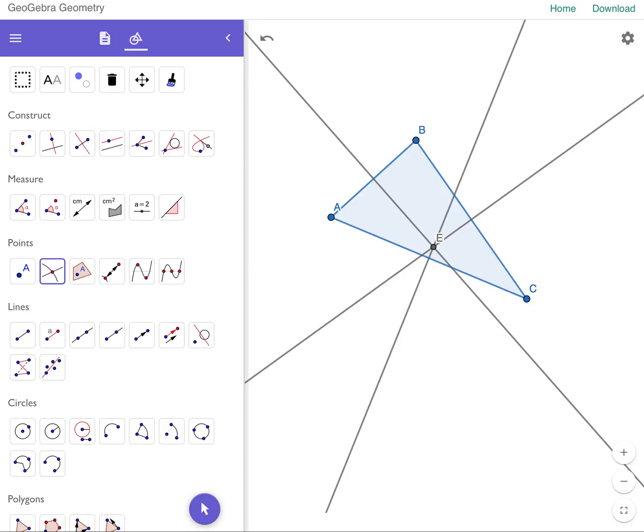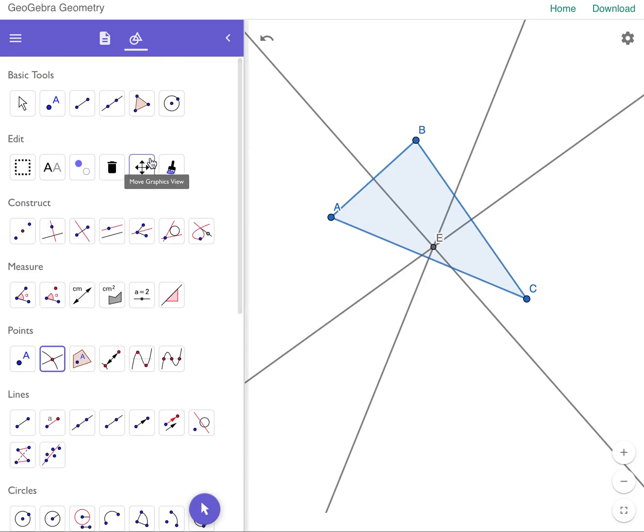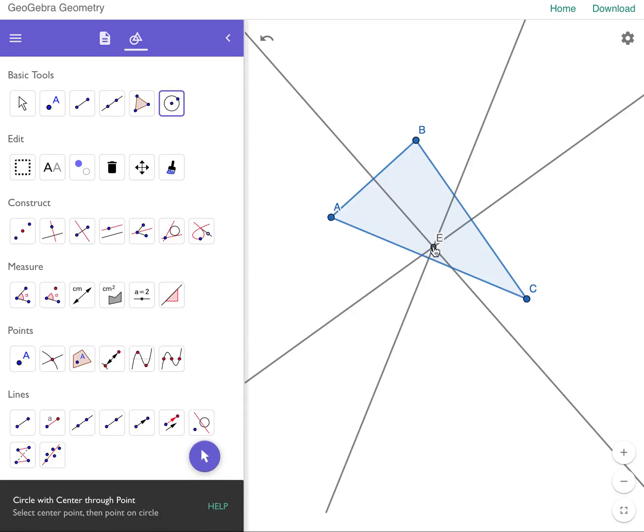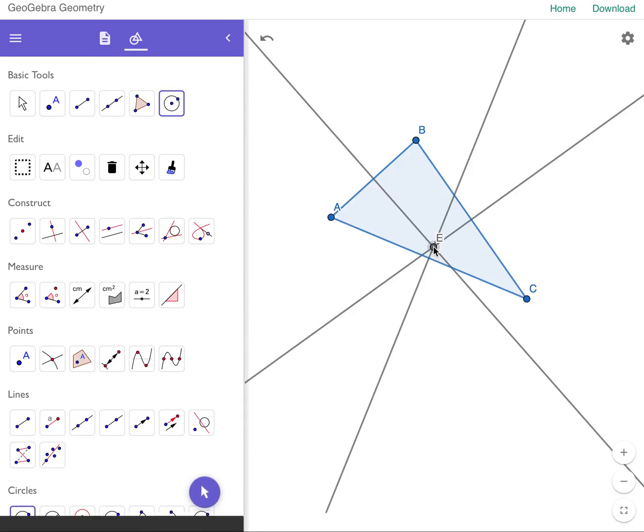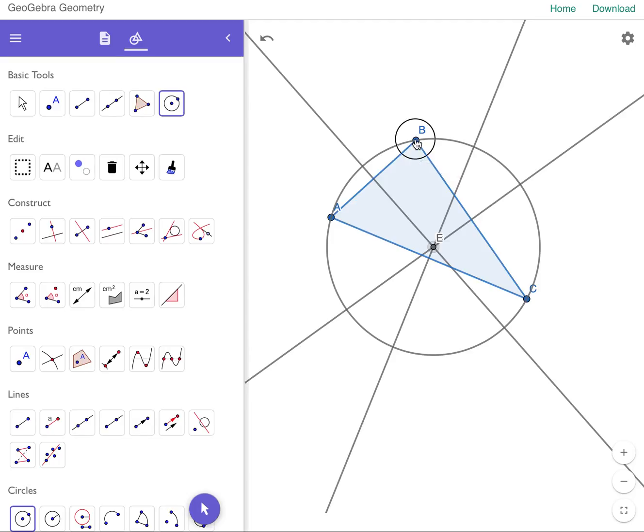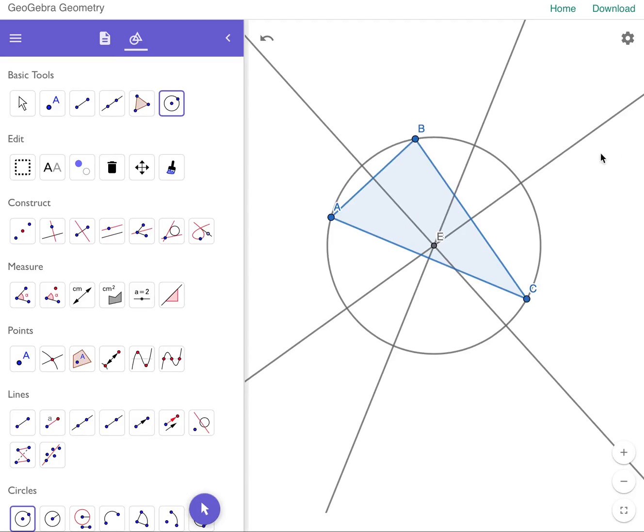So now what we're going to do is construct a circle with this center that goes through each of the vertices of the triangle. Find my circle tool, and here we go. Now, this right here, we are calling the circumcircle of our triangle.